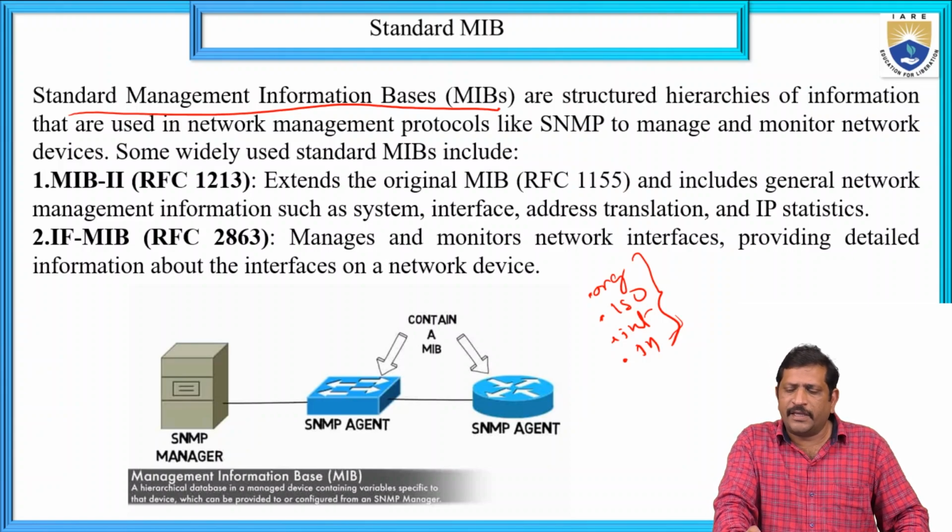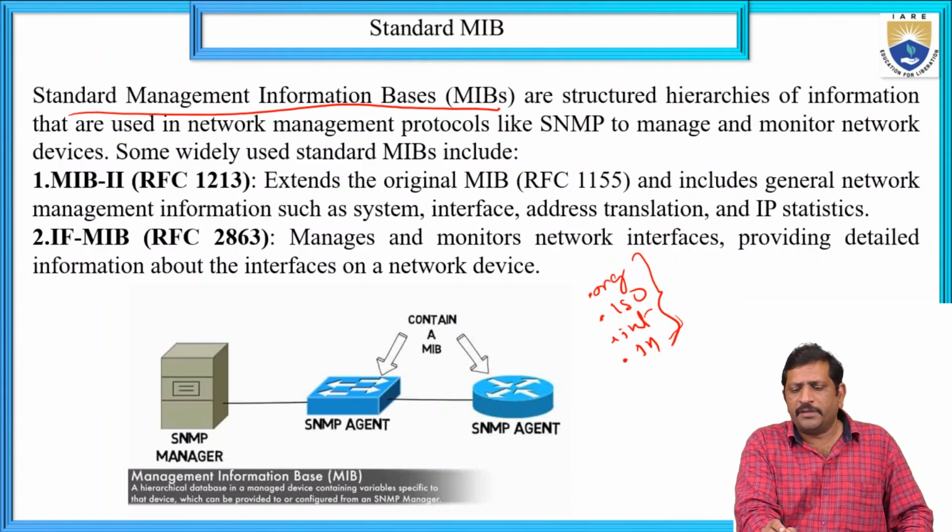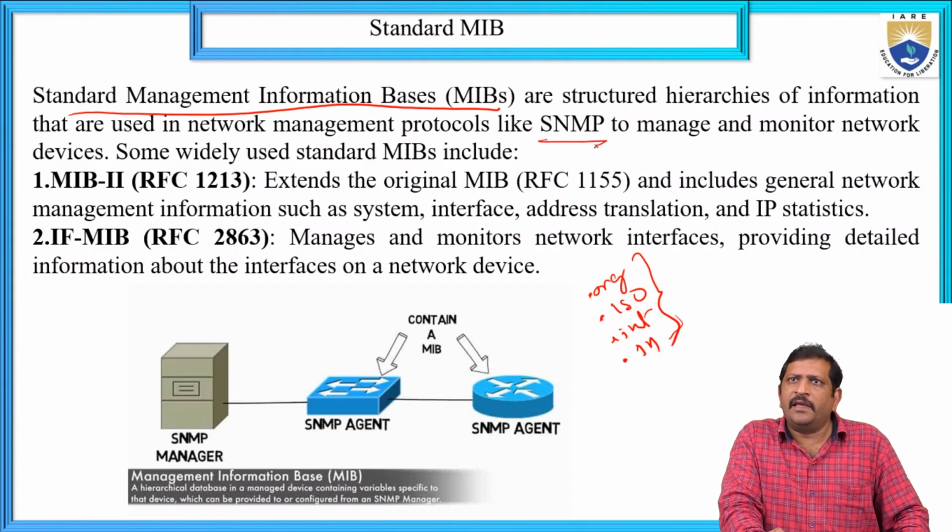Generally these databases can be used in network management protocols. The best example of a network management protocol is SNMP. The SNMP protocol is generally used as an application layer protocol, which can be used at the client side or server side. With the help of the SNMP protocol, we can manage and monitor network devices.